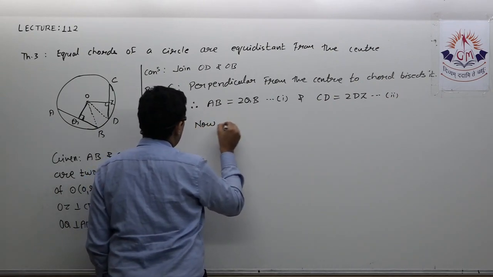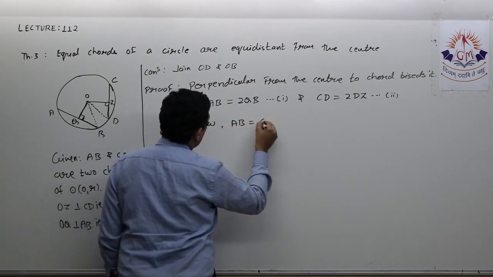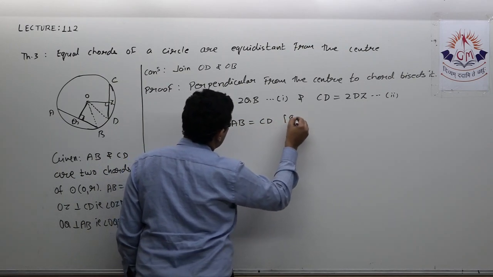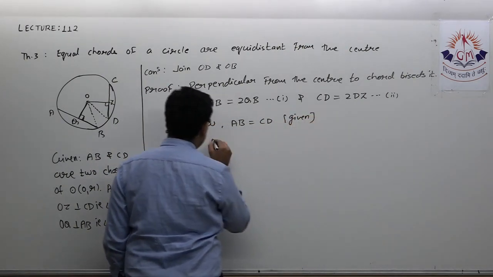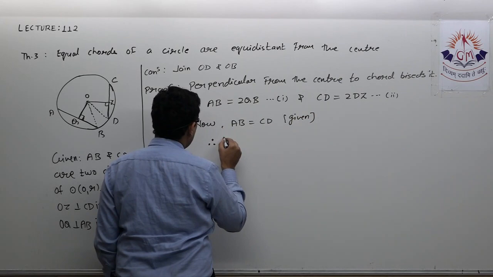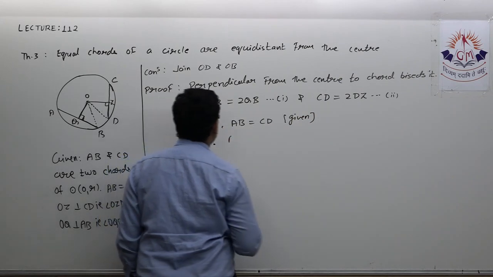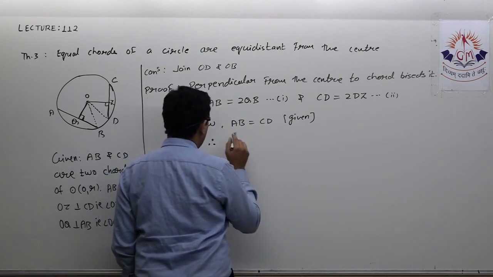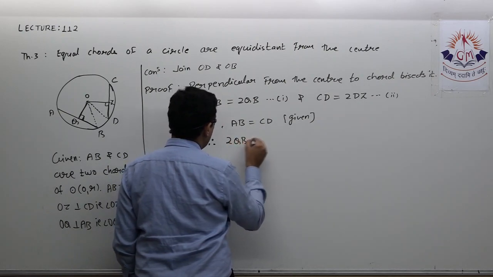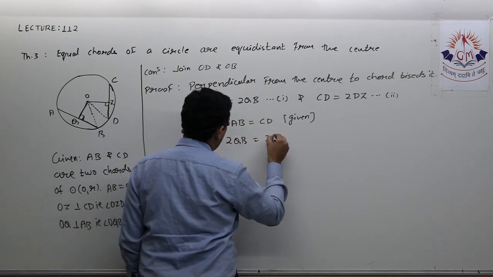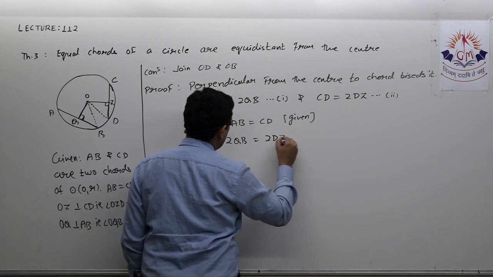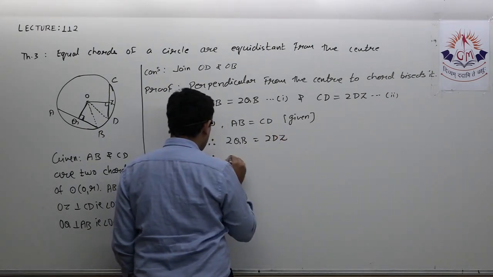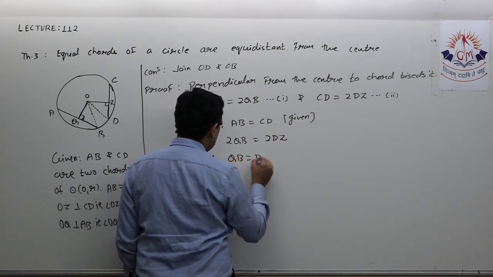Now AB is equal to CD, given. Therefore, in place of AB I can write twice QB, and in place of CD I can write twice DZ. So here I can say QB is equal to DZ. Let this be third.